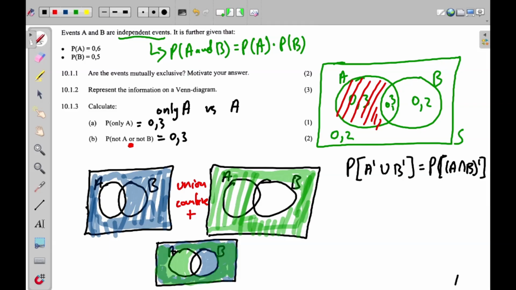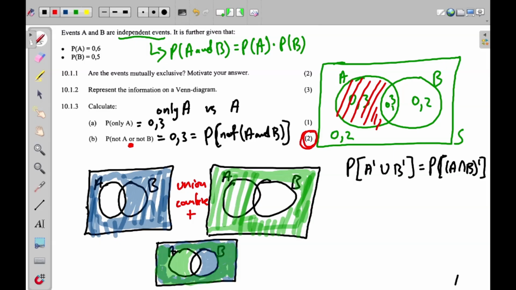So the probability of not A or not B is essentially the probability of not what? The intersection, which is A and B. So it's okay if you cannot prove De Morgan's laws. Setting up a nice diagram like this helps out. But please, this is something that you can do for practice. You don't want to waste your time in an exam doing this.